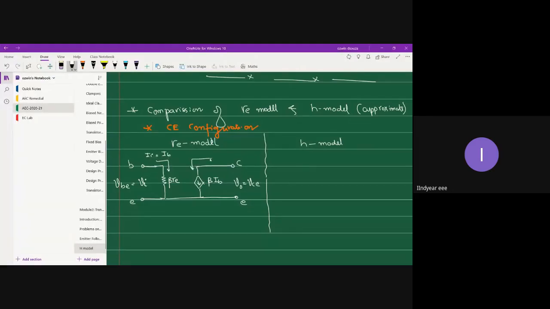And this is your output current I naught, which is equal to IC. So this is your RE model. Side by side, let me draw the approximate H model. What we have is HIE on the input side. And on the output side, we again have a control current source, but the definition is slightly different. The terminology, to be precise, is HFE into IB.